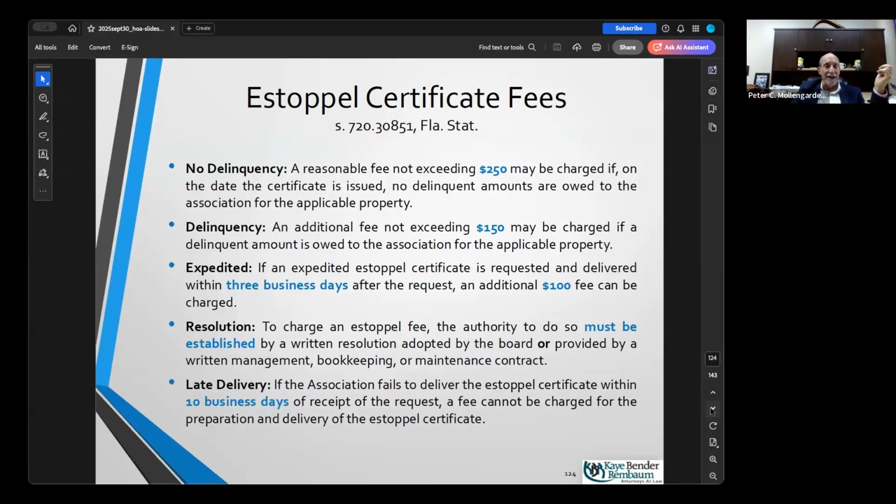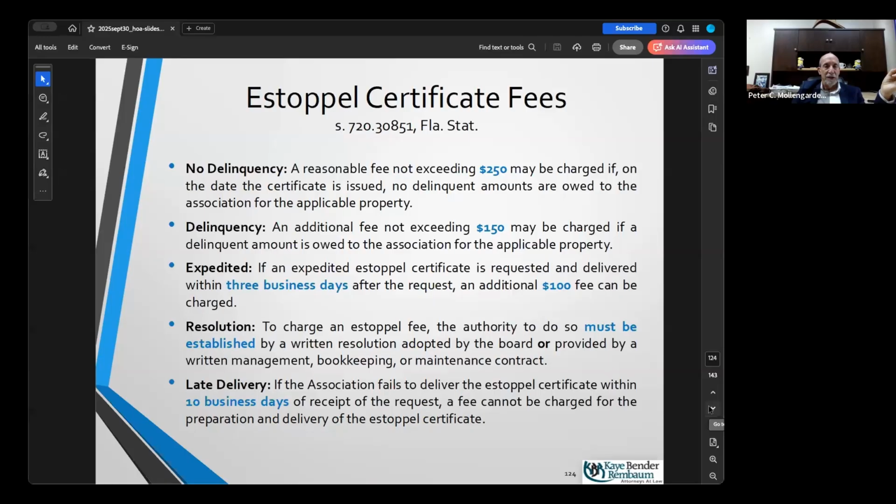If they want it on an expedited basis, like, yeah, this closing is right away, we need this immediately, if you issue it within 3 business days after the request, and it's been requested to be done on an expedited basis, you can add another $100 to the estoppel fee. In order to charge a fee for the estoppel certificate, the authority to do so must be established by a written resolution adopted by the board or provided by a written management, bookkeeping, or maintenance contract.